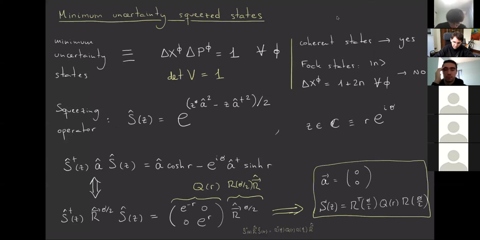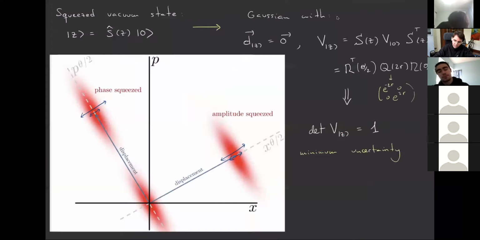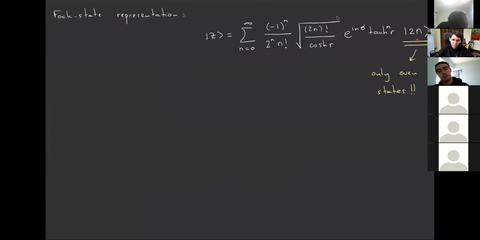The squeezing operator depends on a dagger squared and a squared, right? So you can only generate excitations by pairs. So if you start from 0, which is the vacuum state, and then you start applying powers of this exponent, you will always create excitations pair by pair. So you can only have an even number of quanta.